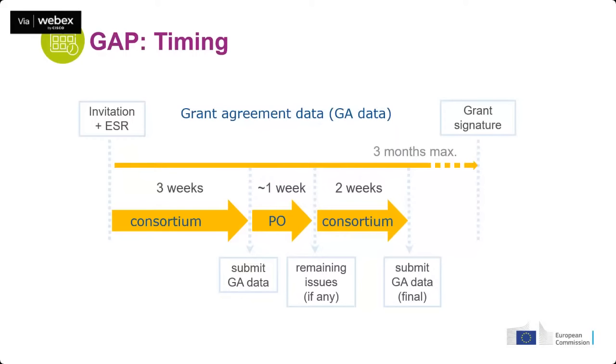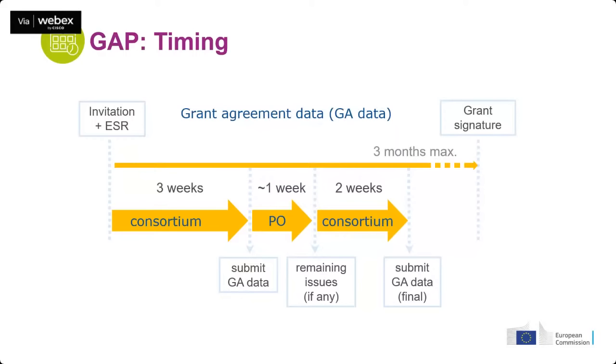The rule says that 2 or 3 repetitions will be enough, so maybe it is not even needed, and you will be able to sign immediately, or after 1 or 2 exchanges, corrections or additions of data that you will be requested. As you see here, we count approximately 6 weeks, which means 2 months.